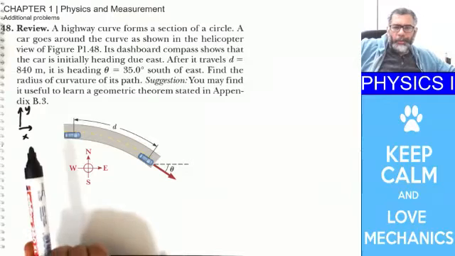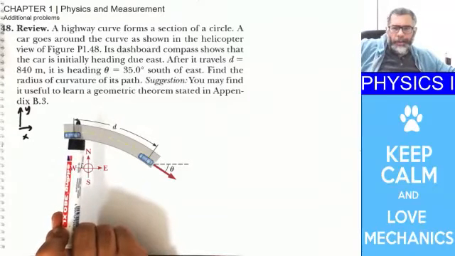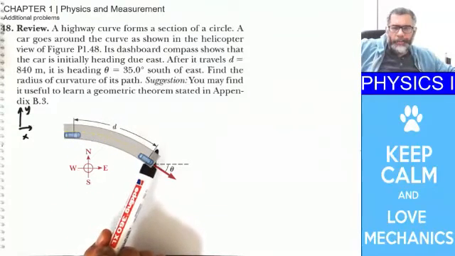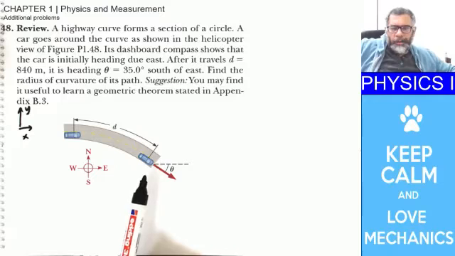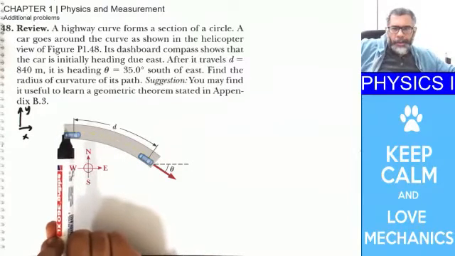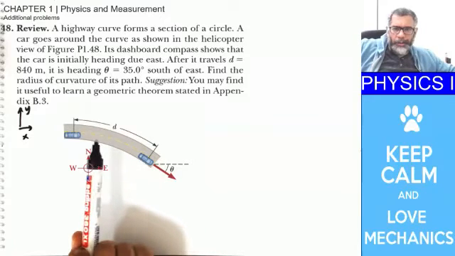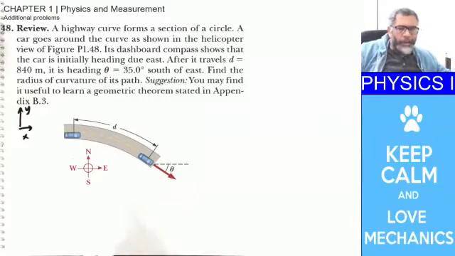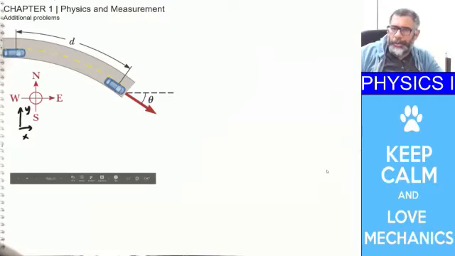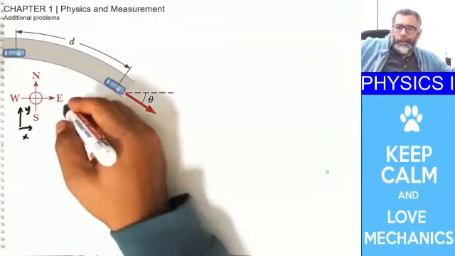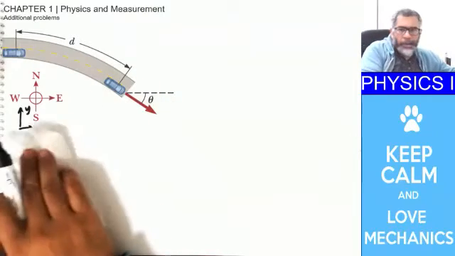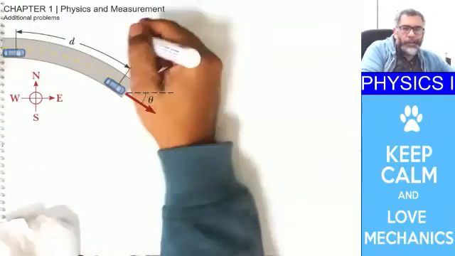Okay, so it moves a path distance d, and it comes over here. As I said, this is the arc of a circle. Let me switch to a better screen over here, and erase this and put it over here.